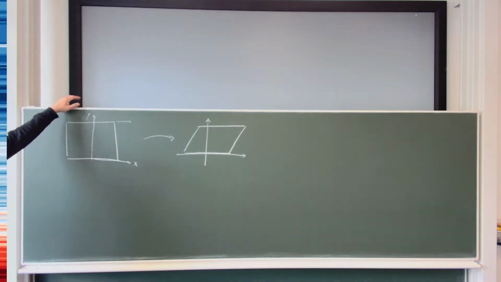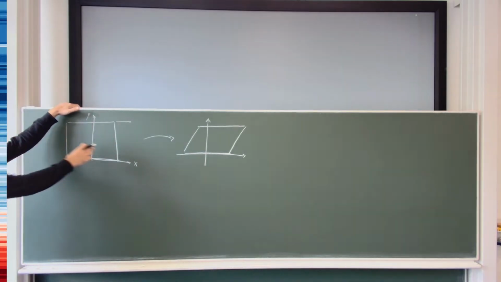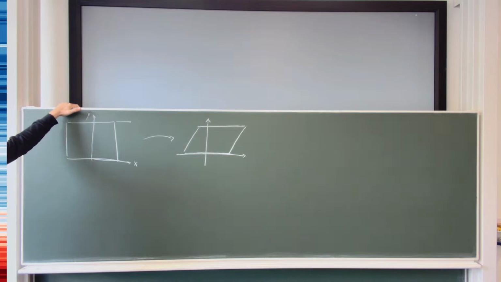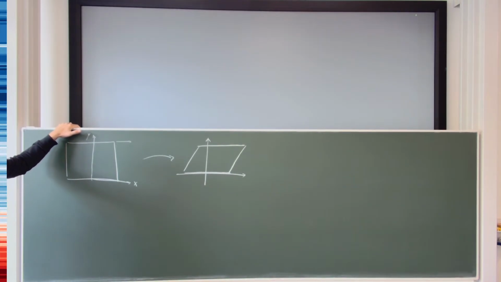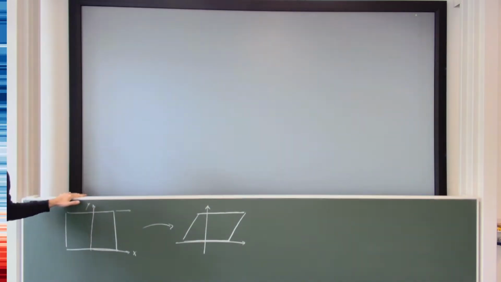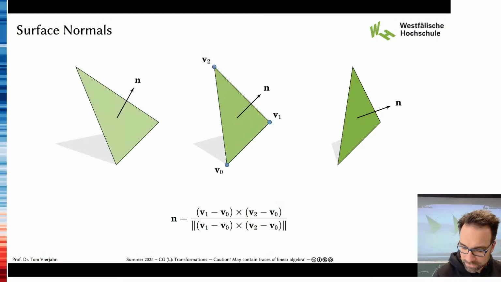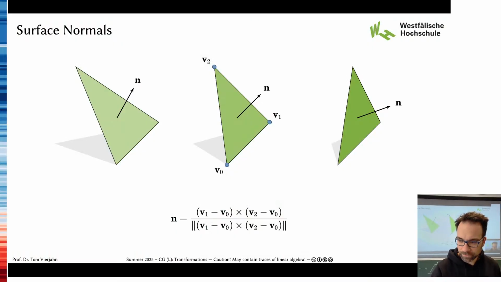All right. Shearing, rotation, translation, and scaling are those operations that you can apply to all of your objects in the scene. So basically to all of the triangles in your scene, if you model everything with triangles.